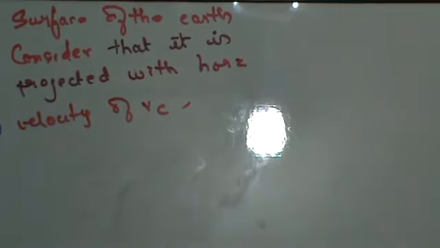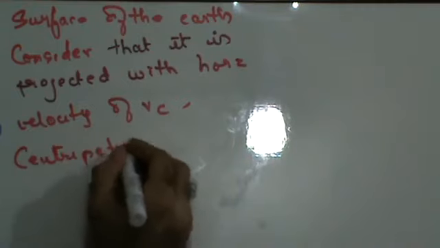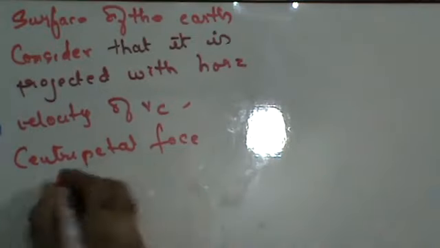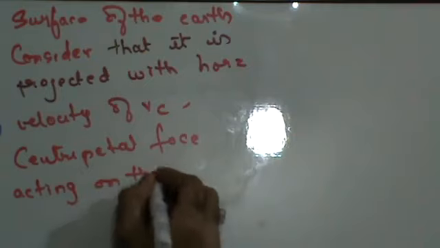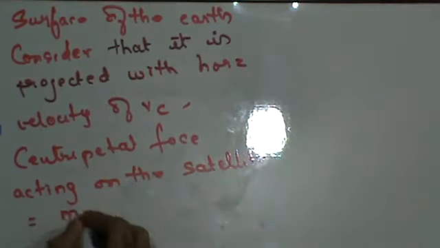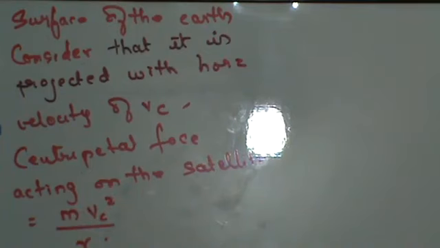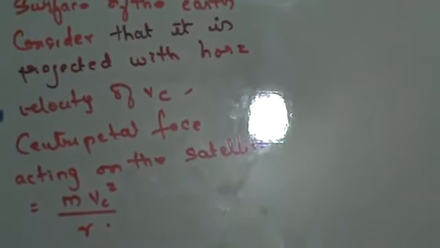Now I can say that if the satellite is going to revolve in the circular orbit, then the centripetal force acting on the satellite is going to be mVc squared by r. That is going to be the centripetal force acting on the satellite. And what is going to provide that centripetal force?